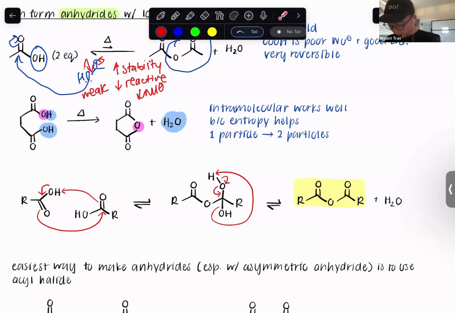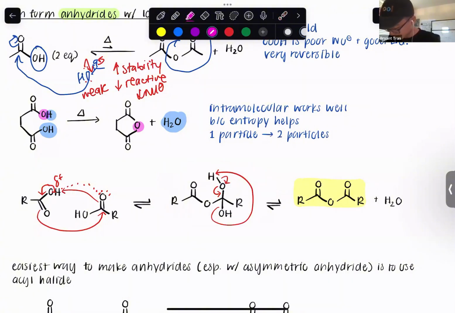And think of it like this, right? This carbonyl oxygen here is attracted to this partial positive hydrogen through hydrogen bonding. So this carbonyl oxygen here is going to attack that hydrogen using one of its double bonds. And then the bond between this hydrogen and oxygen is going to create a double bond right here. And then this oxygen here is going to gain a negative charge, which is going to attack this carbon right there, which is this right here.